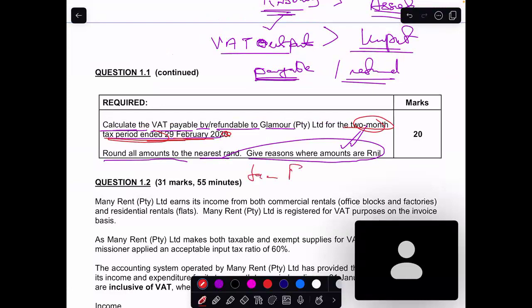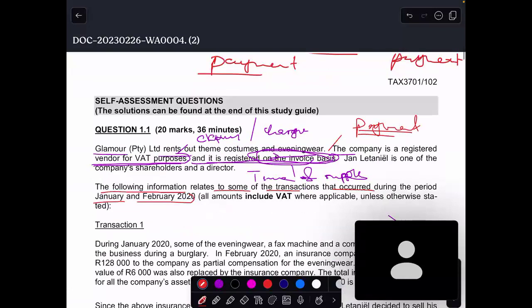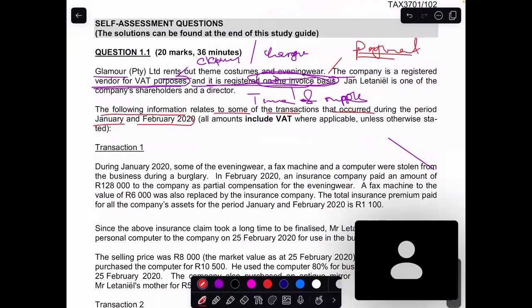January and February, because 2 months ending 29 Feb is January and February. All amounts include VAT where applicable, unless otherwise stated.